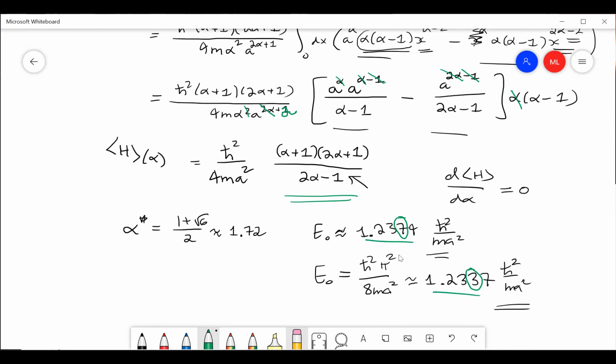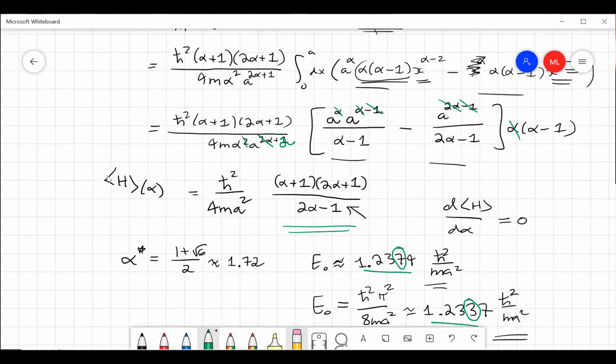So you even know the direction in which you're going to be off. In that sense, a very powerful method. You can often get really close to the true value, and you always know you're going to be larger than the true value of the ground state.